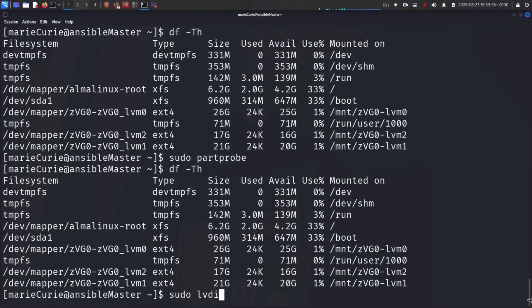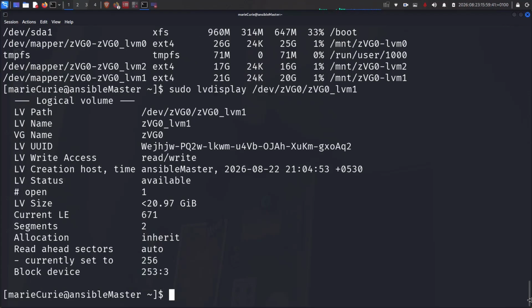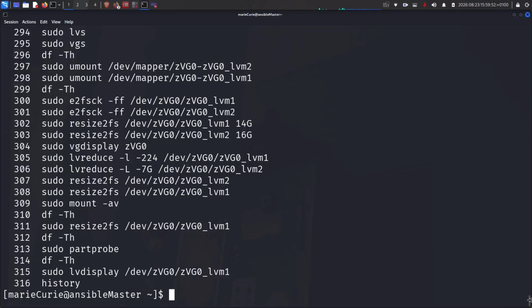Sudo lvdisplay /dev/agent-vg1/agent-vg-lvm1. Or I did something mistake. Yeah, I have unmounted.